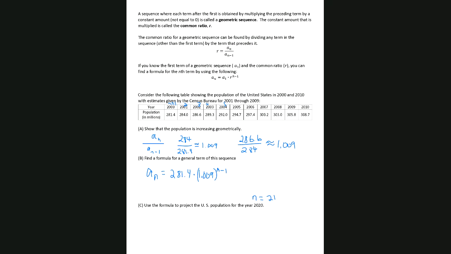So I have a sub 21, or the 21st number in this sequence, is 281.4 times 1.009 to the 21 minus 1.